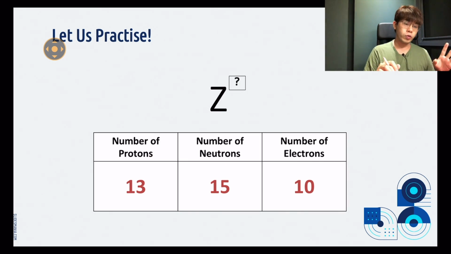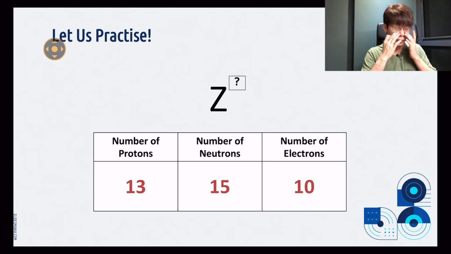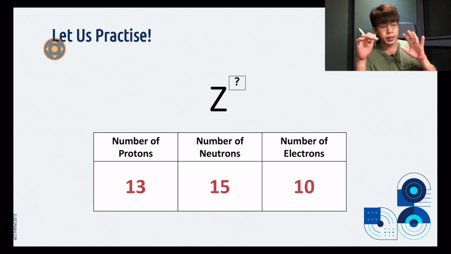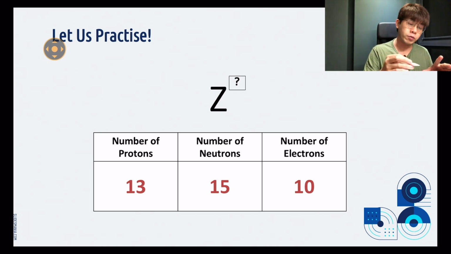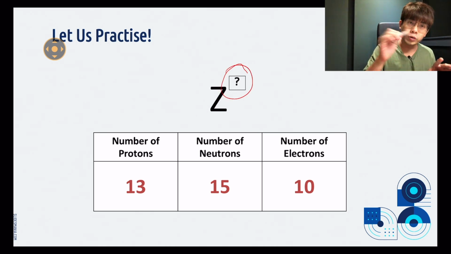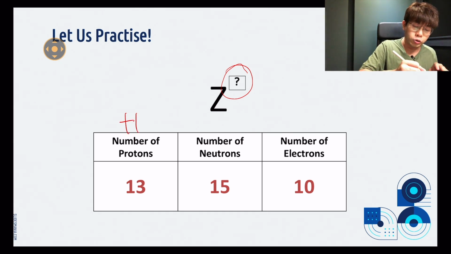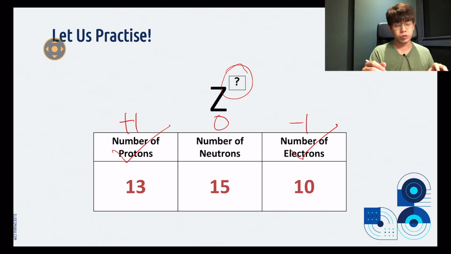Okay, now let's try to deduce what's the charge of this particle over here. So I have 13 protons, 15 neutrons, and 10 electrons. And we have learned that charge only matters for the charged particles. So the proton is a +1 charge. Neutrons, no charge. Electrons, -1 charge. So we are only interested in number of protons and number of electrons.